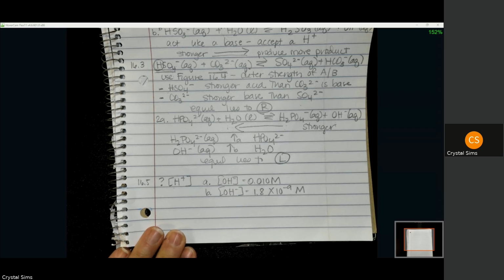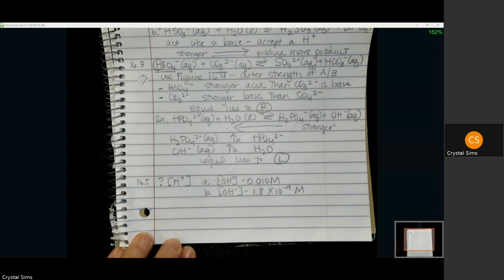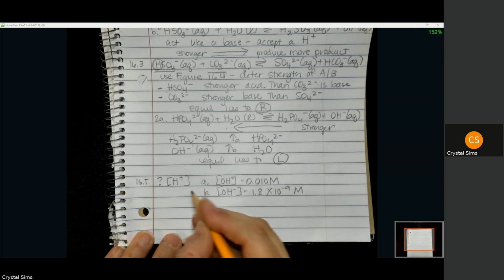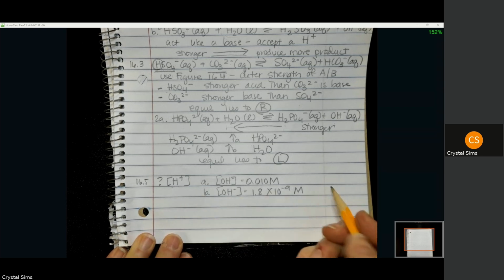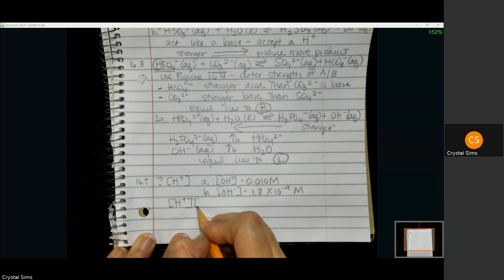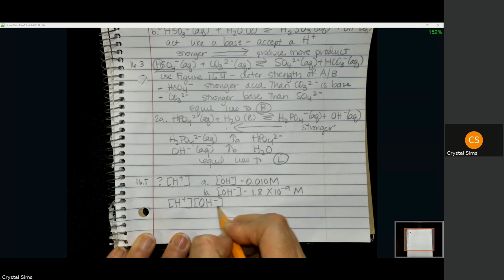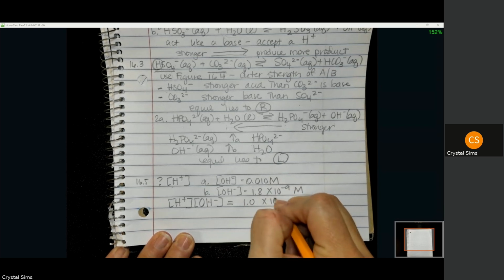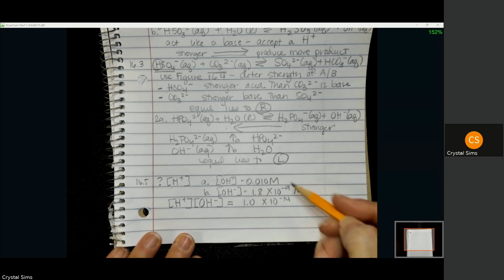Well, we're going to use the auto-ionization reaction for water and look at our expression for that ion constant for water and use it to solve these problems. So hydrogen ion concentration times hydroxide ion concentration equals 1.0 times 10 to the negative 14.